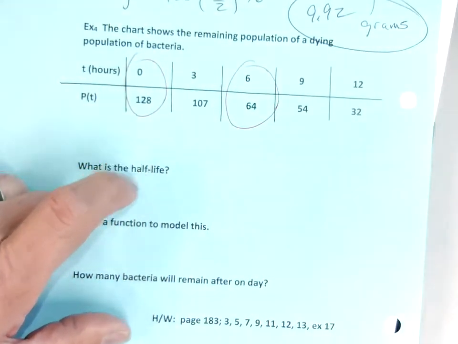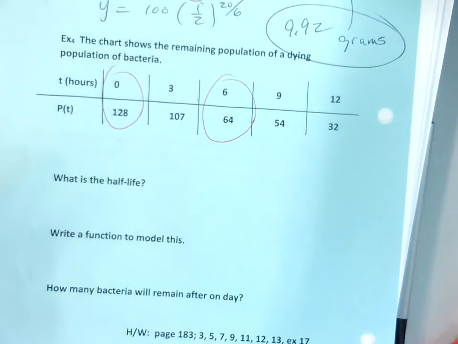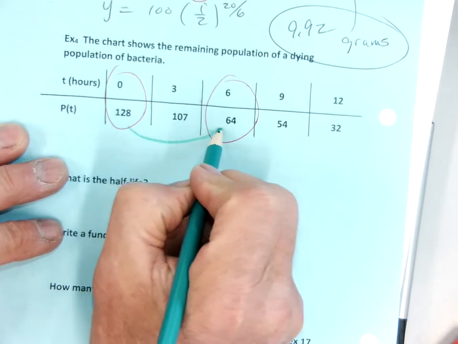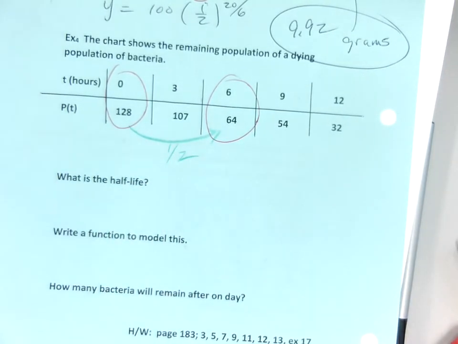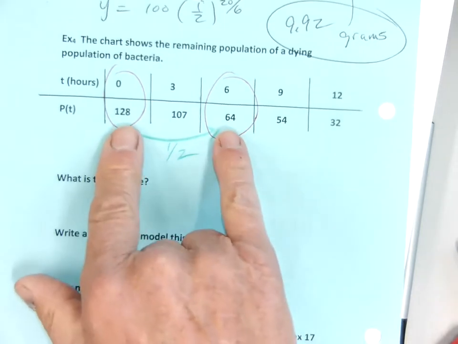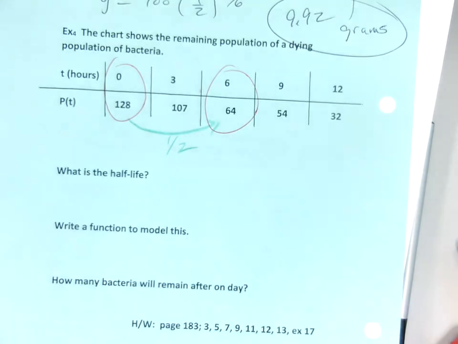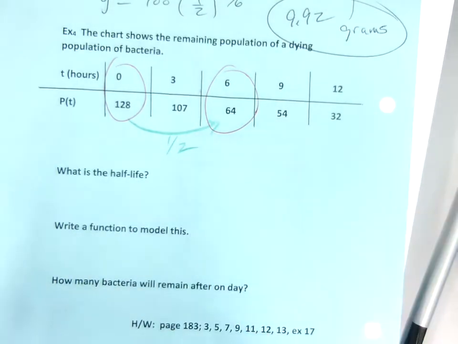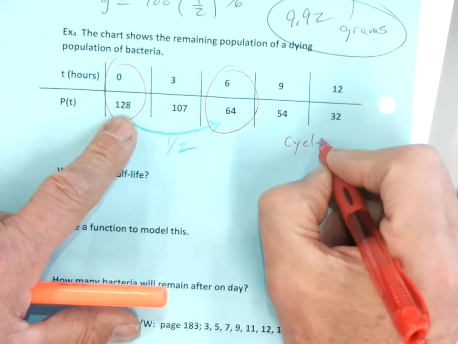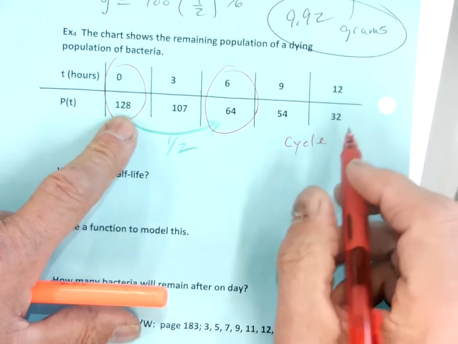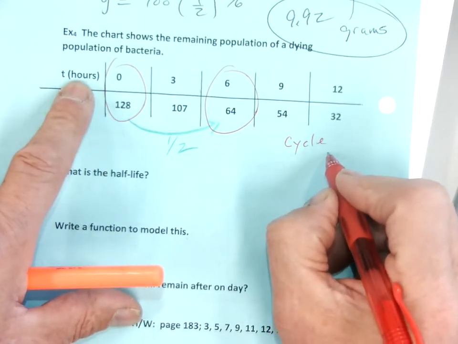I looked at all my numbers, and what I see is from here to here, I took half of it. So it took 6 days for us to go from 128 to 64. So that's my cycle of time in this chart. It's not always 6, just a coincidence. So my cycle of time, again, is 6, but in terms of days. No, I'm sorry, it's hours. Oh, 6 hours.